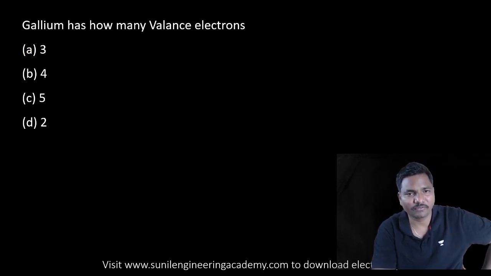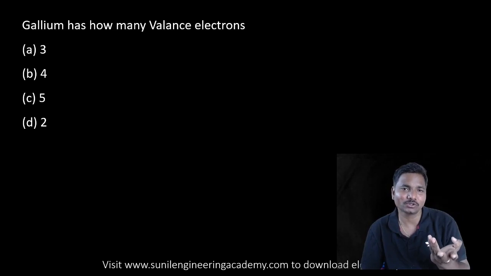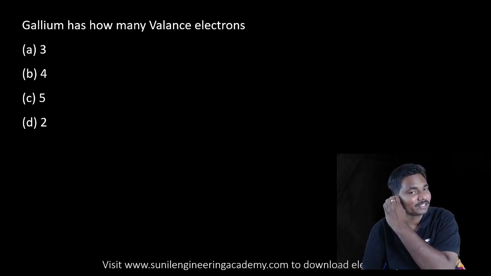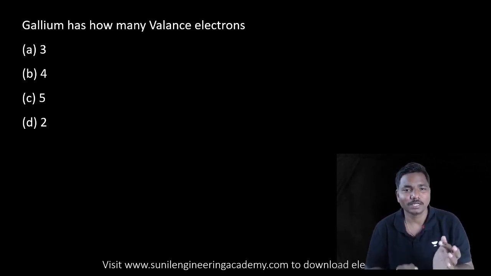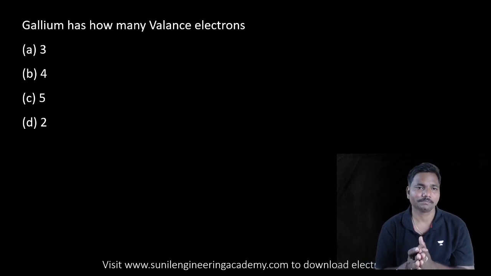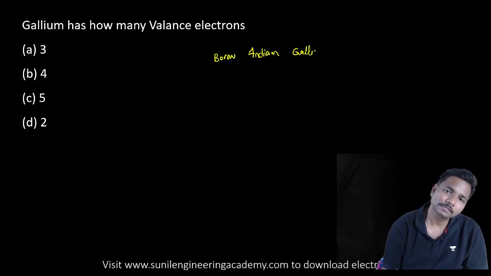Gallium has how many free electrons? What is this question, sir? Whenever we get this question in the examination, we feel that they have given physics questions. So just think about this. Gallium, boron, indium, aluminium.